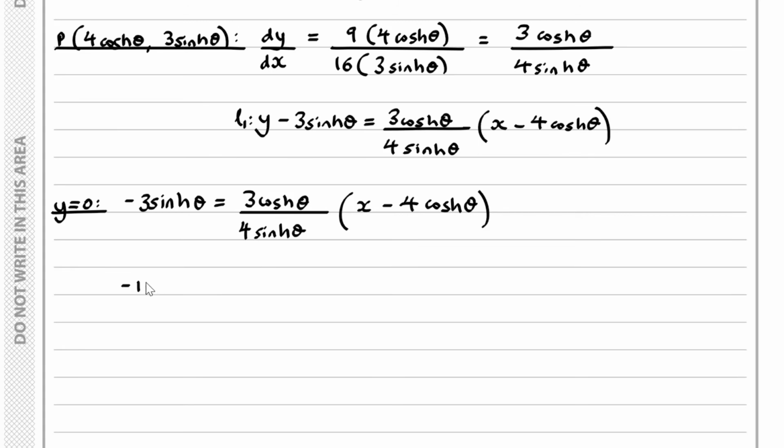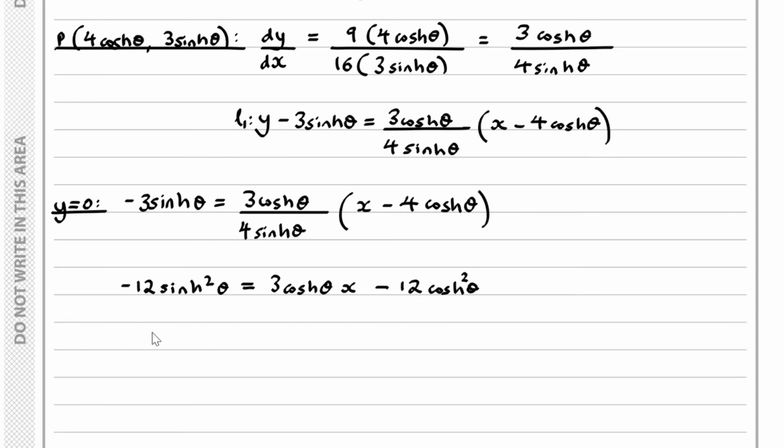So multiplying through by this term over here, multiplying through by 4 sin theta, on the left hand side we have minus 12 sin squared theta, and on the other side, if we expand out at the same time, we have 3 cos theta x minus 12 cos squared theta.